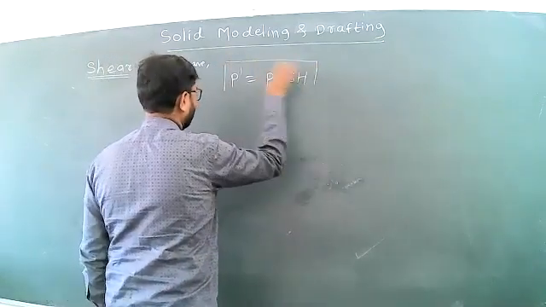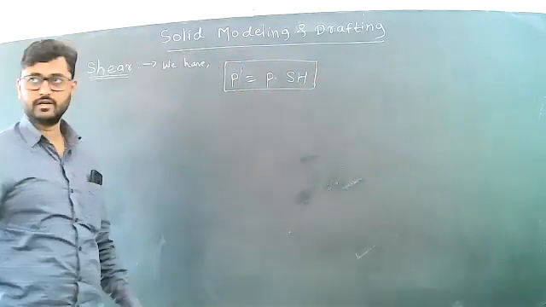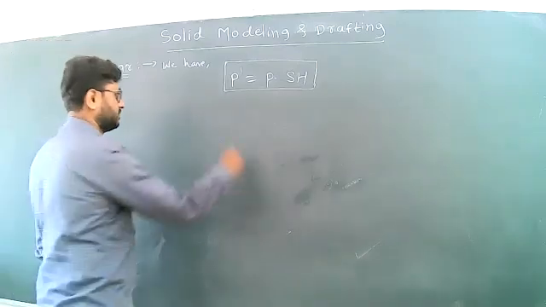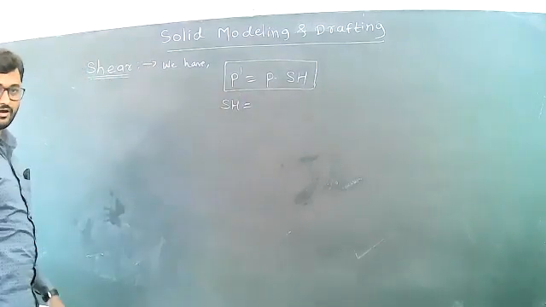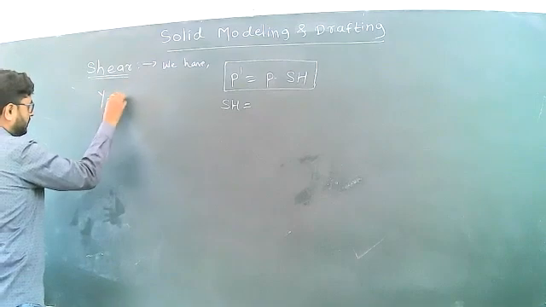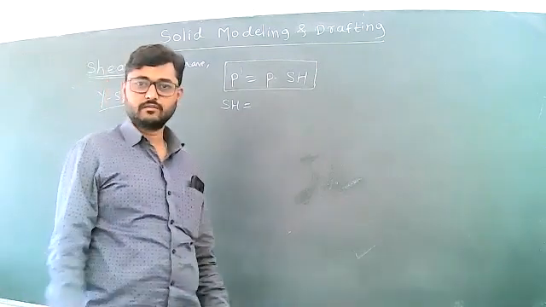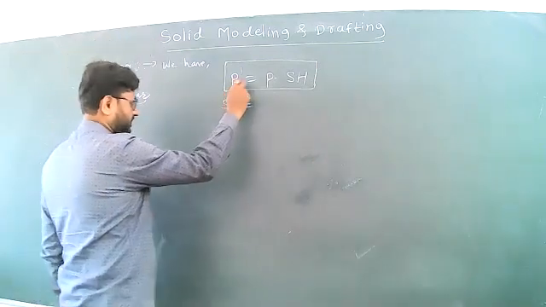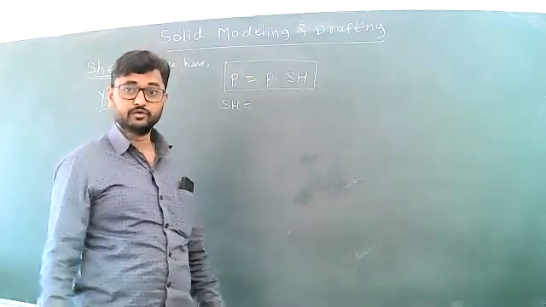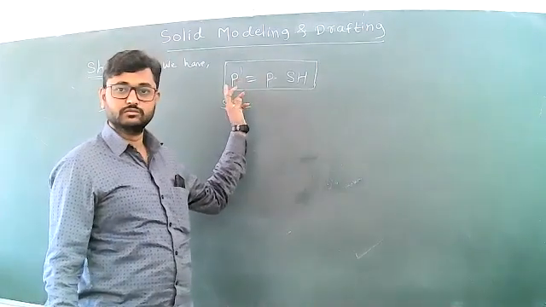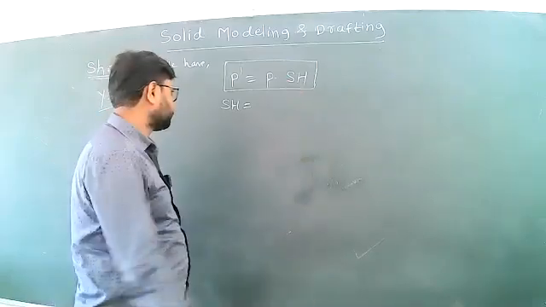That is the transformation, P dash is equal to P into SH, where SH is shear. This equation is common for y-axis as well as x-axis shear, where P dash is the new point and P is the original point, multiplied by the shear.